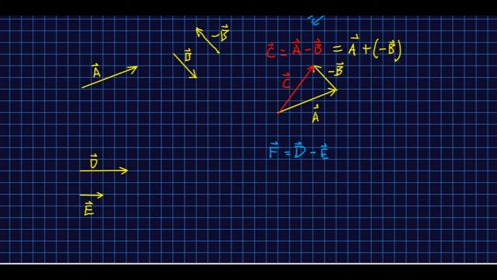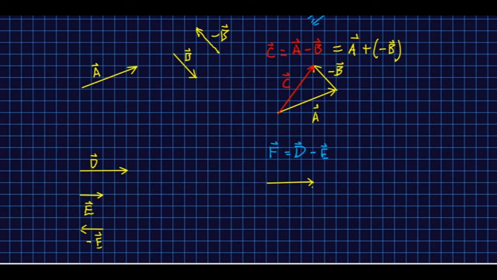And let's just see that with parallel vectors. So again, I'll define an f that is d minus e, and so I'll start by redrawing d. So there's d. I'm going to redraw e over here flipped around. So that is negative e. And so now I'll stick it over here. We have to go head to tail.